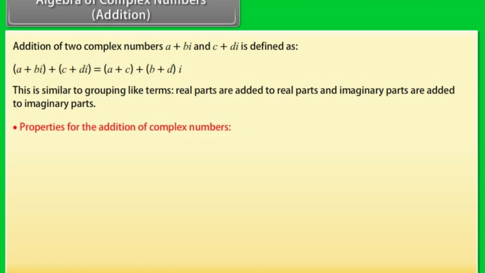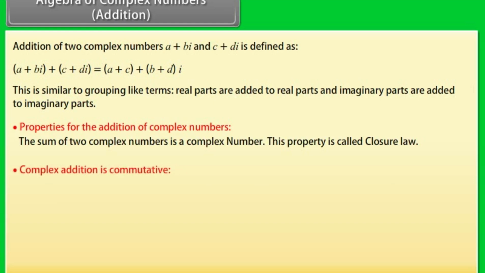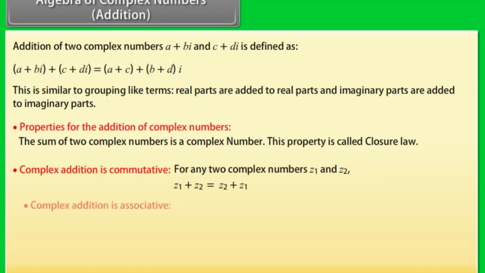Properties of the addition of complex numbers. The sum of two complex numbers is a complex number. This property is called closure law. Complex addition is commutative. For any two complex numbers, Z1 and Z2, Z1 plus Z2 is equal to Z2 plus Z1. Complex addition is associative.